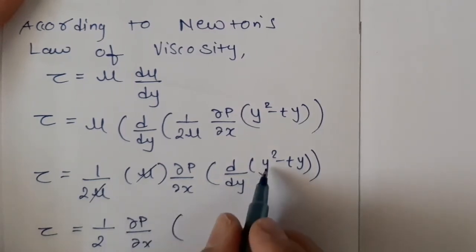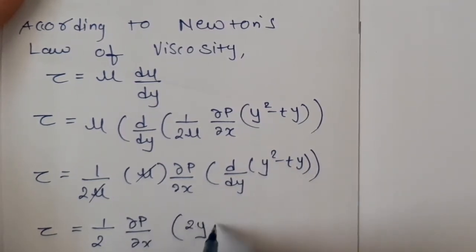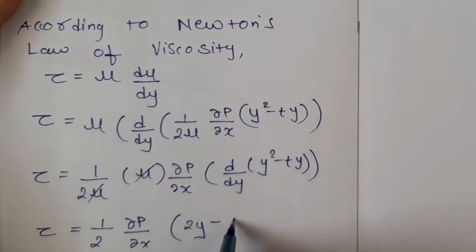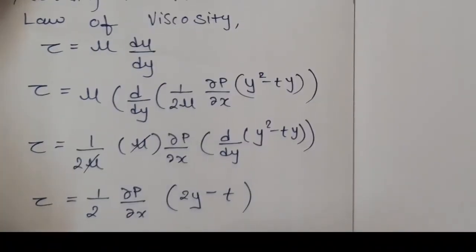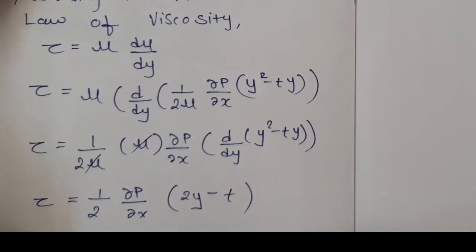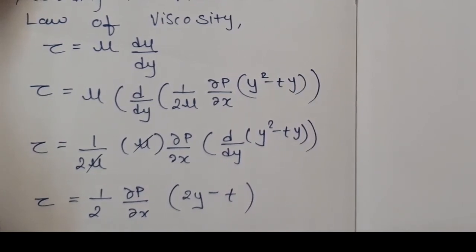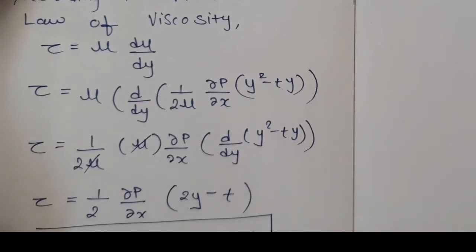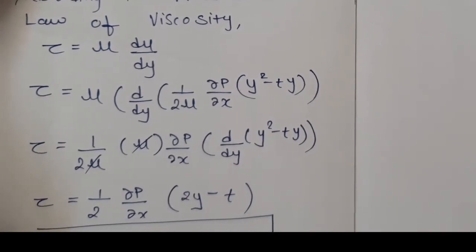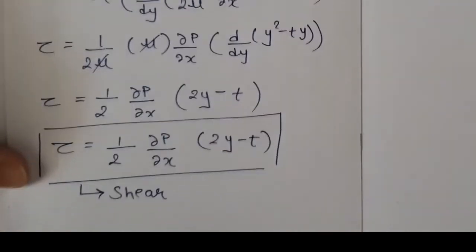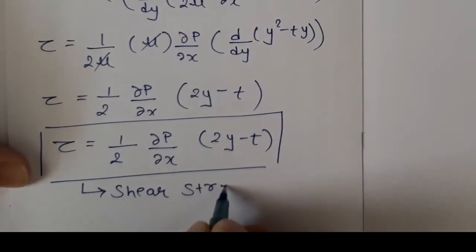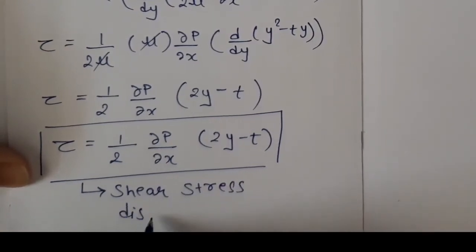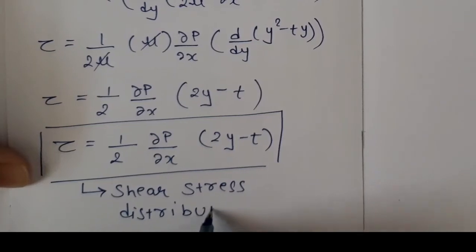The derivative of y square will be 2y and the derivative of t into y will be t. So tau equals 1 upon 2 into del p by del x into 2y minus t. This is the shear stress distribution.